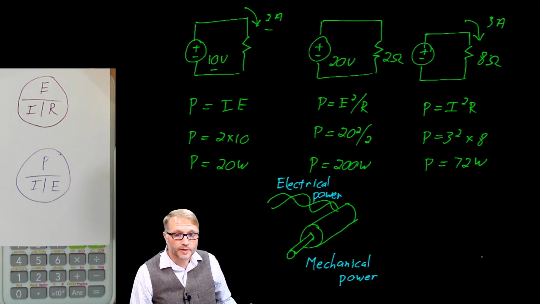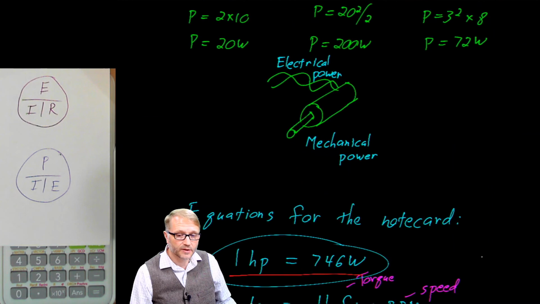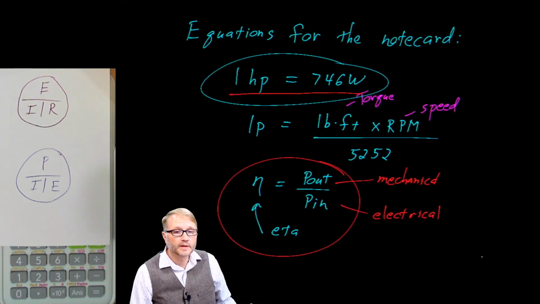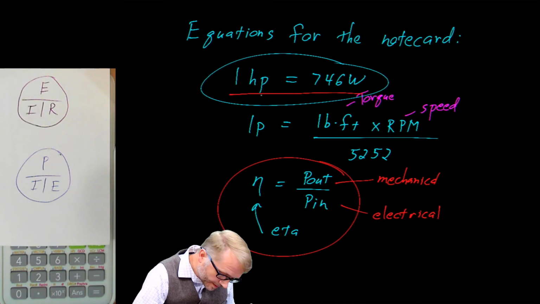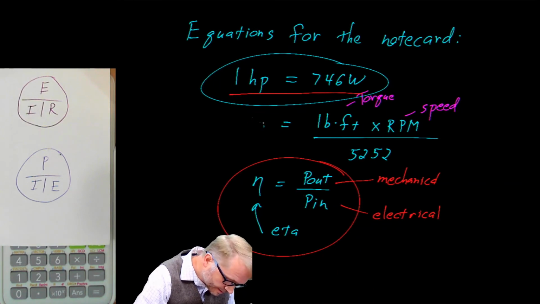We mentioned the motor. We talked about electrical power and mechanical power. We had some conversion tools that we could use. So 1 horsepower, 746 watts. Oh dear. This here should be horsepower. Why didn't you catch that earlier?